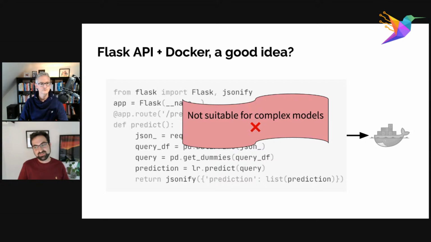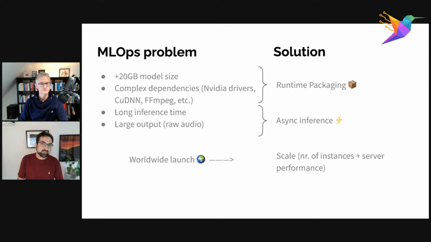So let's not reinvent the wheel and use existing open source tools to achieve our goal. A solution for our ML problems is essentially looking for a system that can package our runtime into a bundle, and also support asynchronous inference and deliver performance.